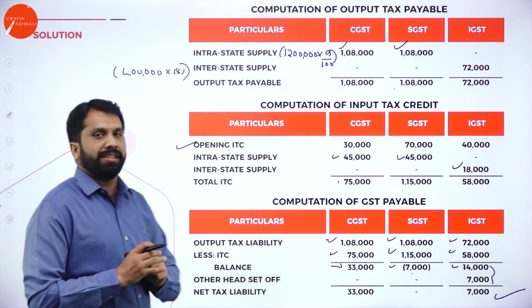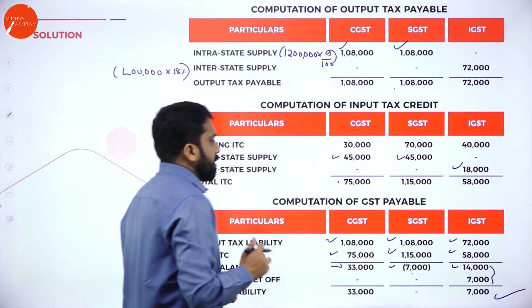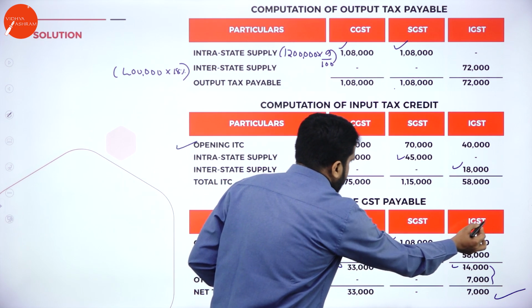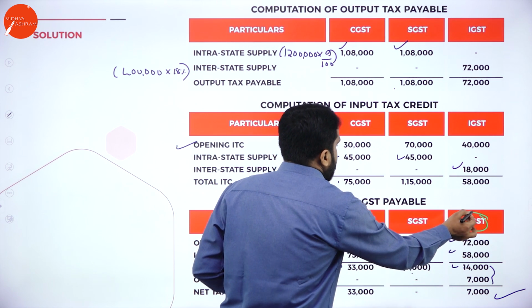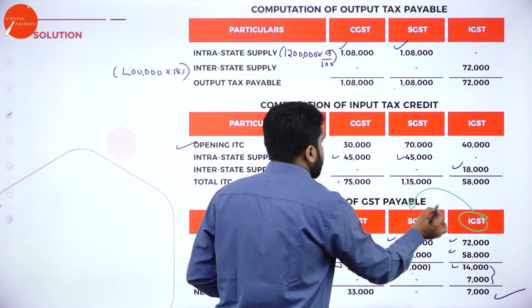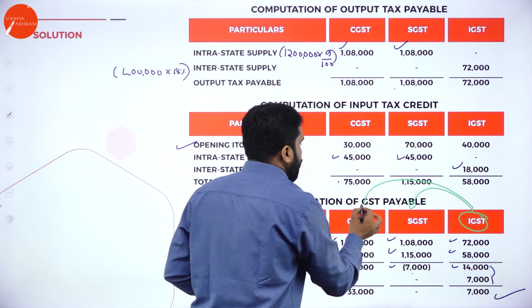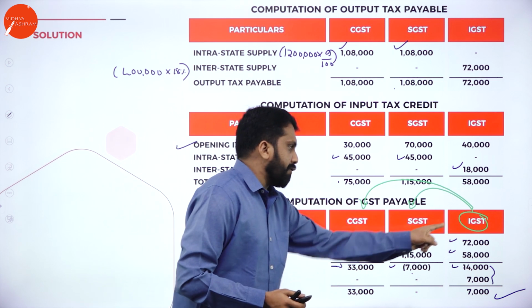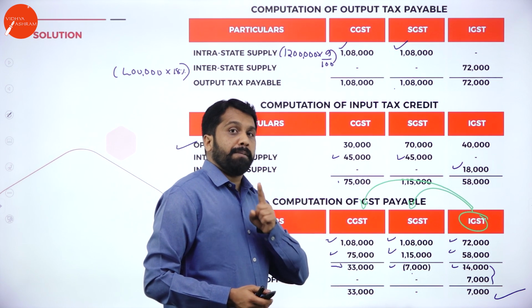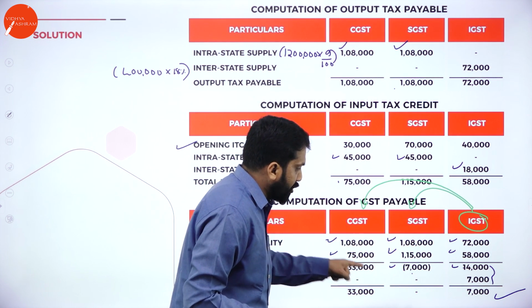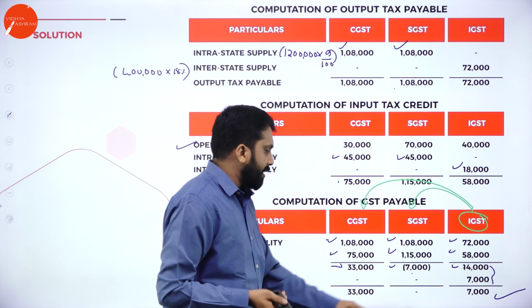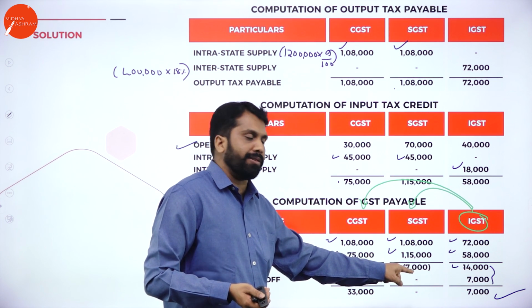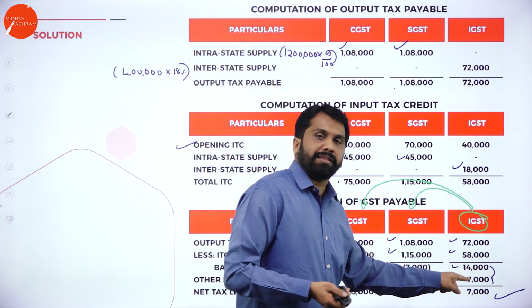The logic is very simple. Remember this. If there is a shortage for IGST, he can borrow from this person. He can borrow from this person. He has two options. He can collect from this, he can collect from this. But a condition is they should have excess like this. He had excess 7,000, so he has given to this fellow.